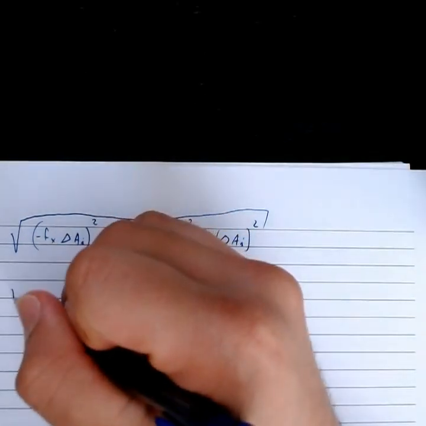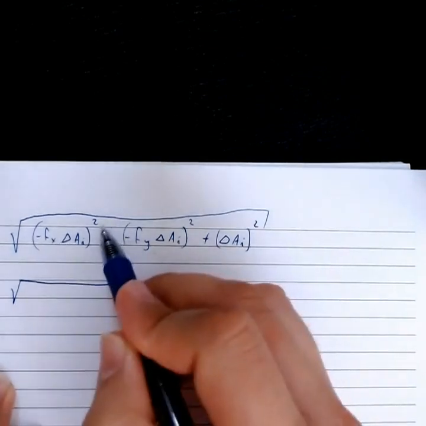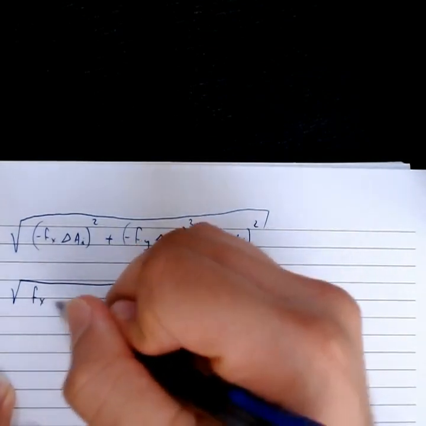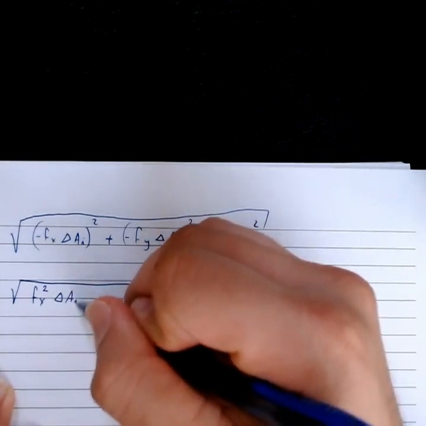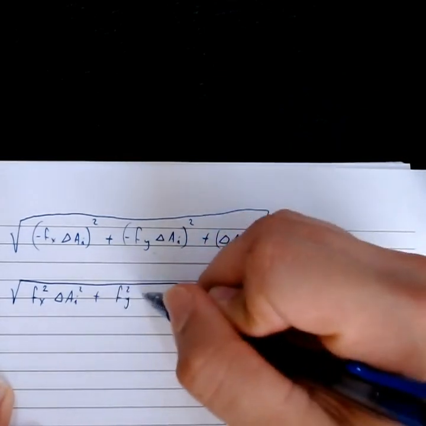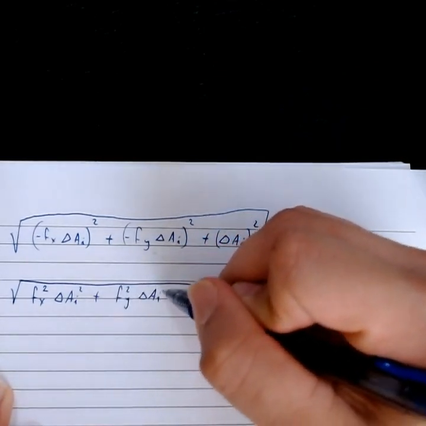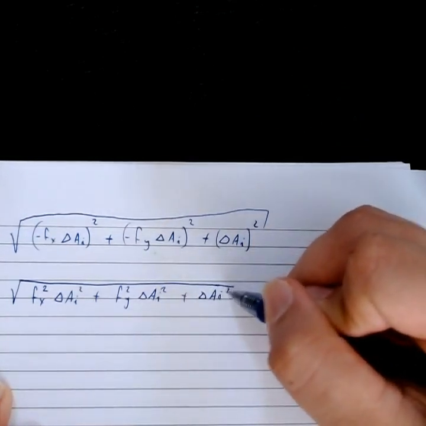Okay, well now that can be written as the square root of, let's see, that's going to be double negative, makes that a positive, so that's going to be f sub x squared, delta ai squared, plus f sub y squared, delta ai squared, plus delta ai squared.